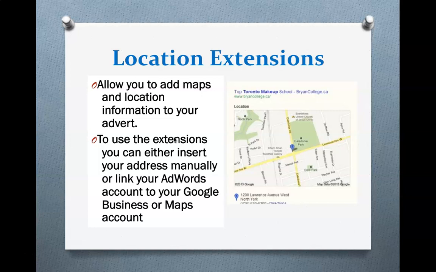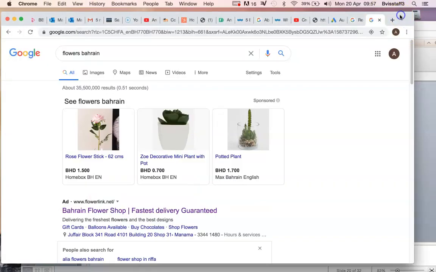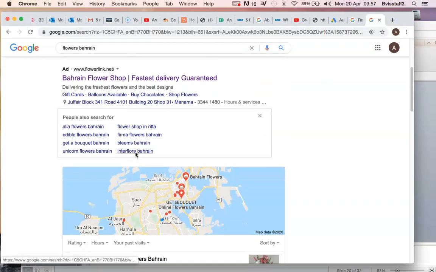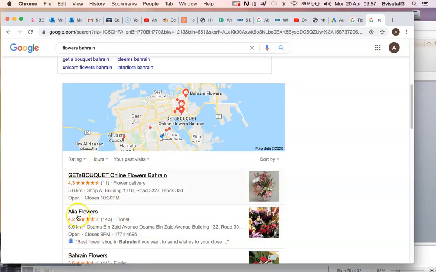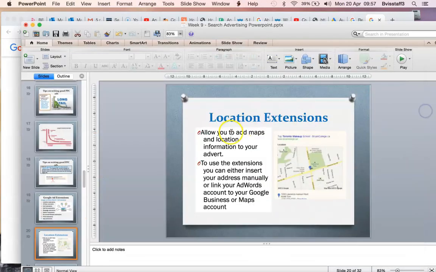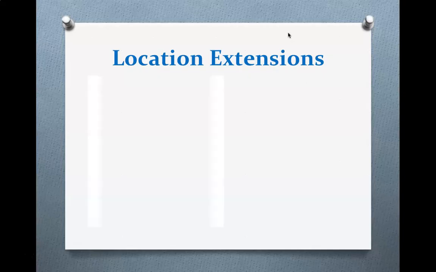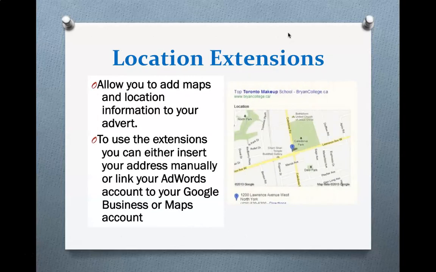If we use the example here with Flowers Bahrain, these are getting good ranking on the page because they have their businesses linked to Google Maps, and you can see that they pop up here in Google Maps. So if you're not on Google Maps or Google Business, you should set this up or get your digital marketing agency to set it up for you. They should know that anyway. That's just one location extension.